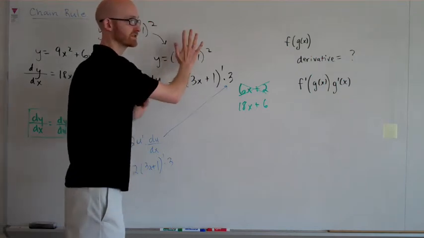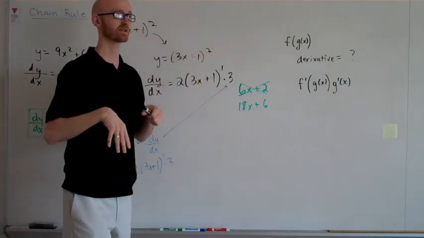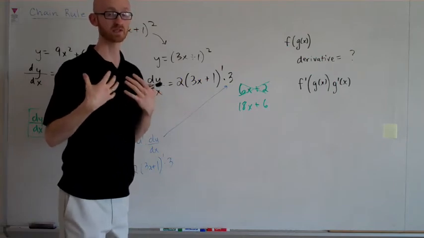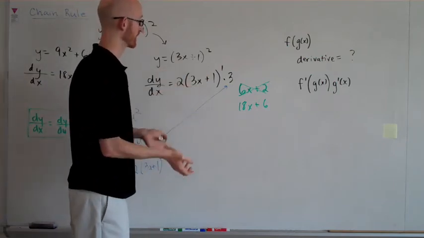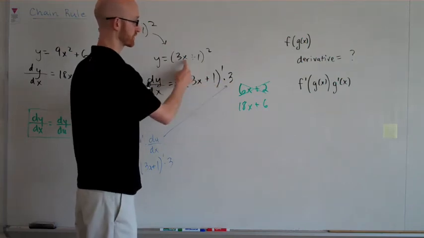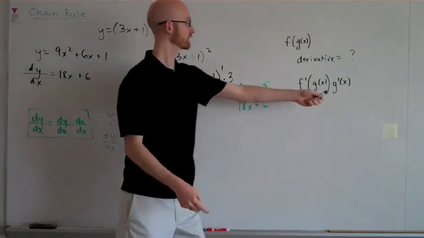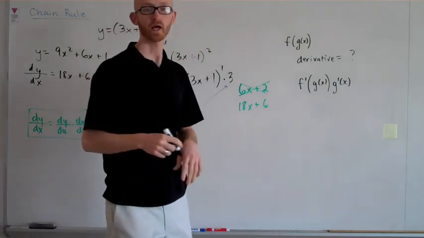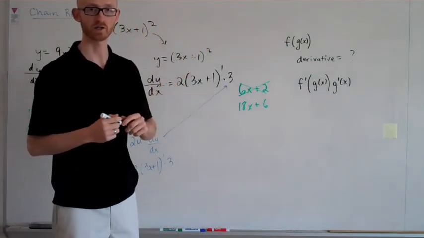Okay, now I've just said stuff to the first, as if that stuff was whatever I wanted it to be. But it's not whatever I want it to be, it's 3x plus 1. So we then have to take the rate of change of the 3x plus 1, and that's where this g prime comes in. And I made a little remember this box on the PDF.